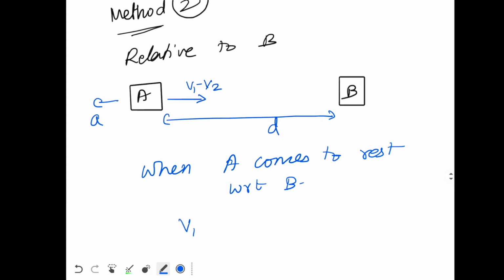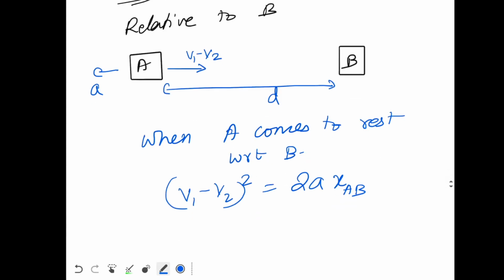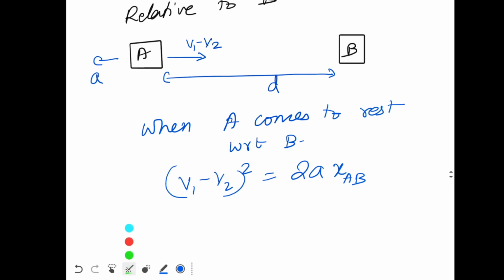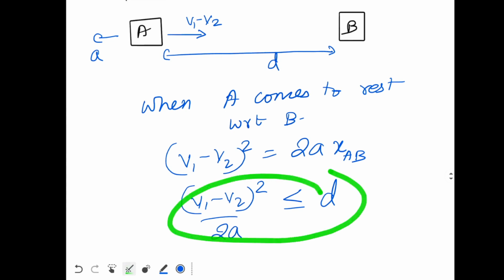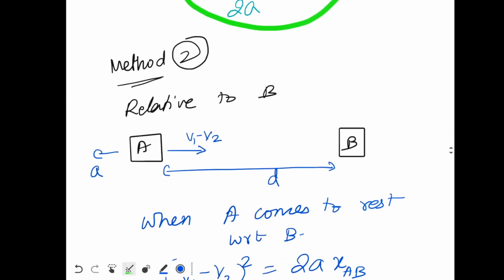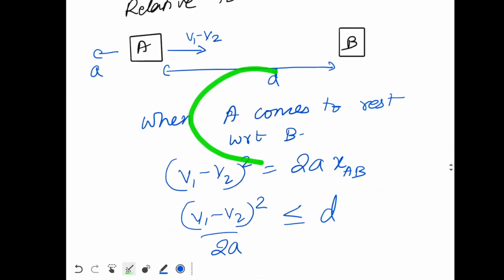So I can write v1 minus v2 whole square is equal to 2a times the displacement of A with respect to B. This displacement should be less than or equal to d. So v1 minus v2 whole square by 2a should be less than or equal to d. See, again we got the same relation as we got earlier, but this is much easier to understand and very fast to solve.